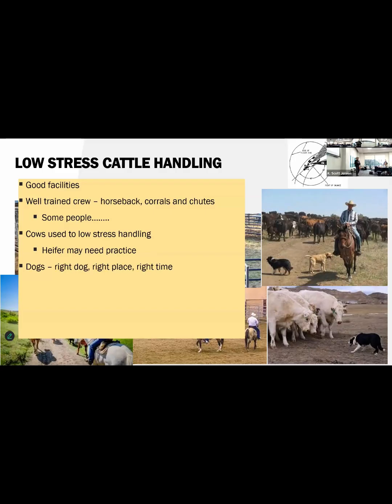Dogs, right dog, right place, right time. Now, there's a lot of people you can say ugly things about their children, but if you say anything about their dog, you're in trouble. And dogs are great. Dogs are great out on range, getting stuff out of the willows and keeping things moving around. Really good dogs are good at herding.